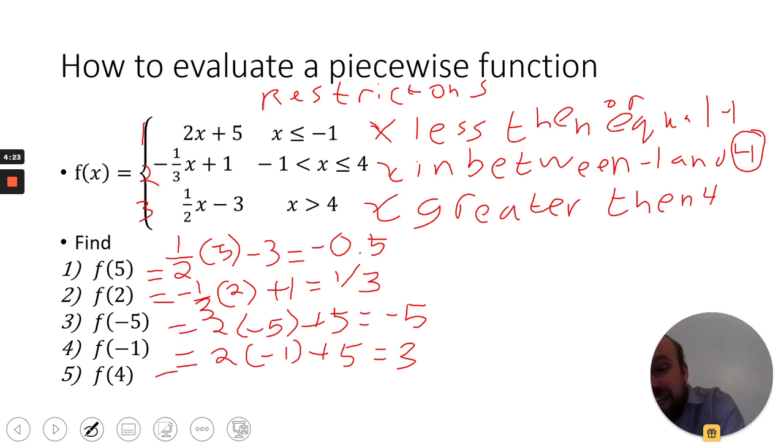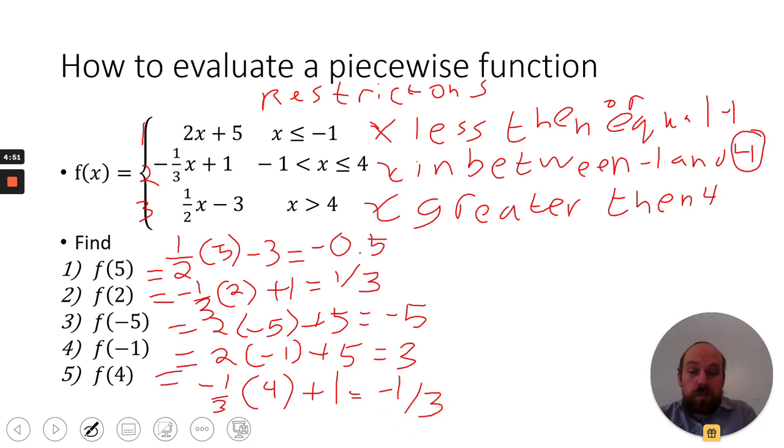So that's negative 1/3 of 4 plus 1. Negative 1/3 of 4 is negative 4/3 plus 1. So that's negative 4/3 plus 3/3, which is negative 1/3. Be careful with the negatives, be careful with the numbers, and be careful to use the correct rule each time.